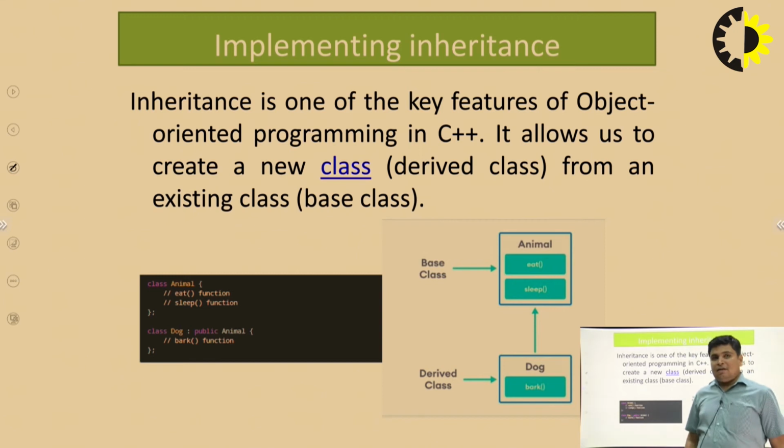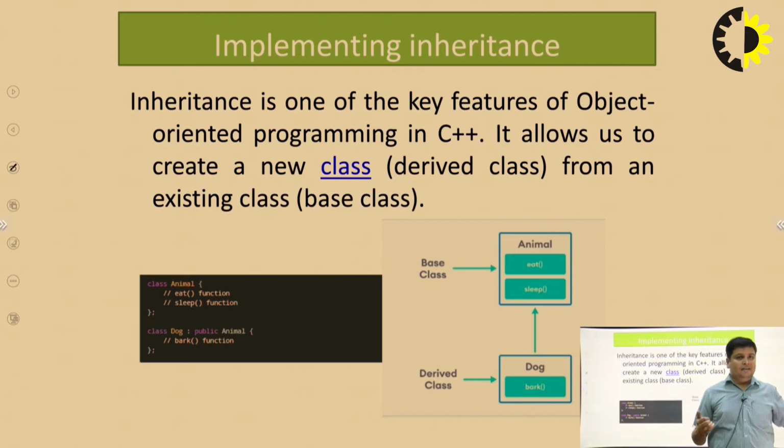Okay, understand one scenario. Suppose we have a manager class, and the manager class has n number of methods inside it: opening the account, opening the PPF account, giving credit cards, and so on. Some of these methods are also useful for the lower clerk class.